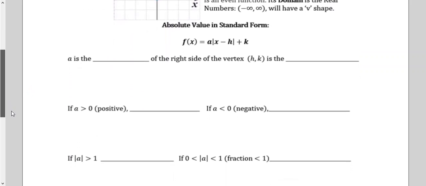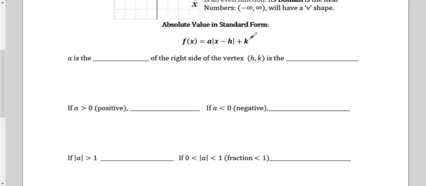So when we have an absolute value in standard form, something like this, you have the absolute value symbol and you have your x, but then you have these three different numbers. So that's what we're going to look at. This a in front of the absolute value symbol, the number that's being multiplied, kind of like a coefficient, is the slope of the right side of the vertex.